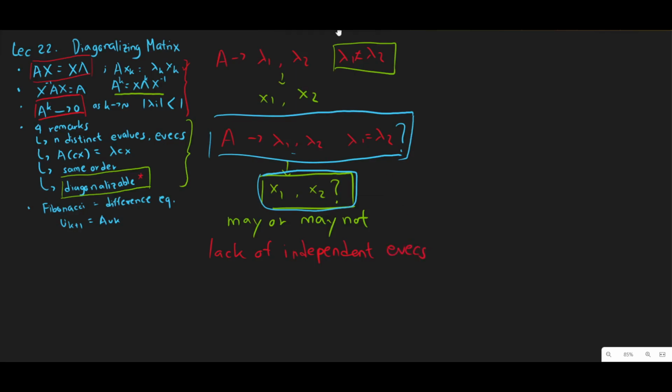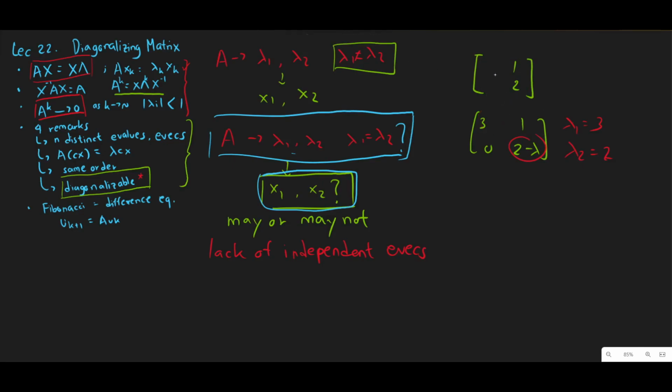So let's run an example. This is an example of a triangular matrix, which is some sort of review as well. In this case, it's really easy, right? For the triangular matrix, to determine the eigenvalues, you just read them off the diagonal. A 2 by 2 triangular matrix is always the best, because you know lambda 1 is 3, lambda 2 is 2, and they are distinct, therefore you have two independent eigenvectors as well.